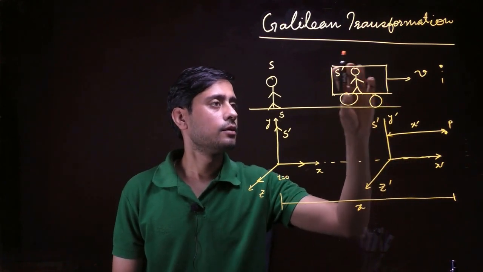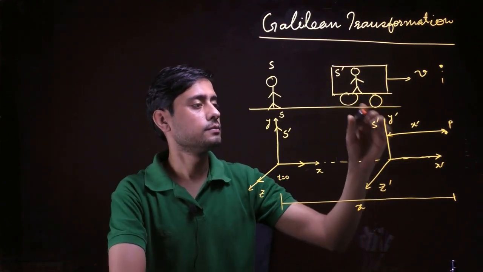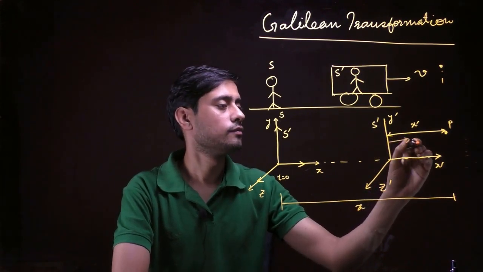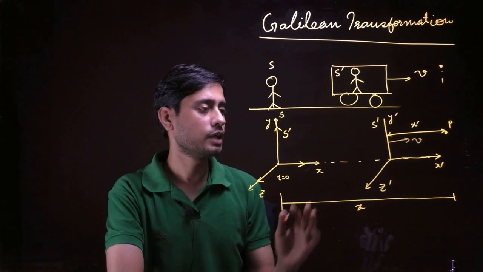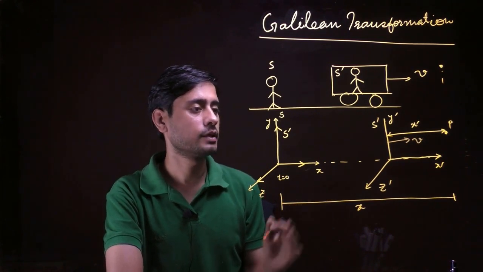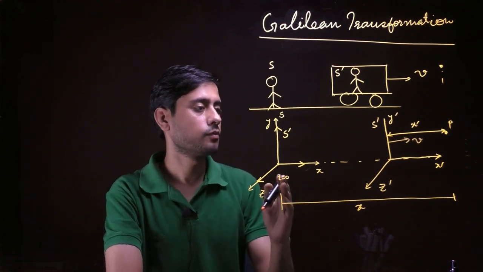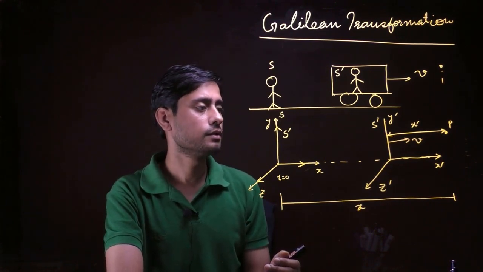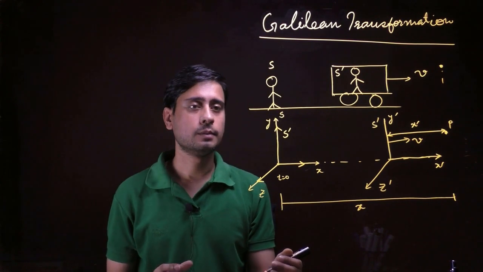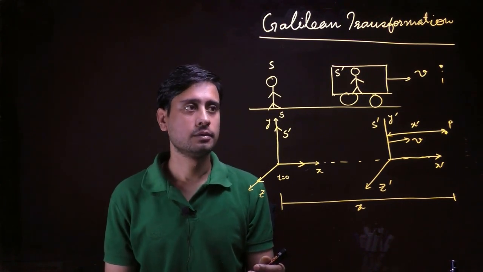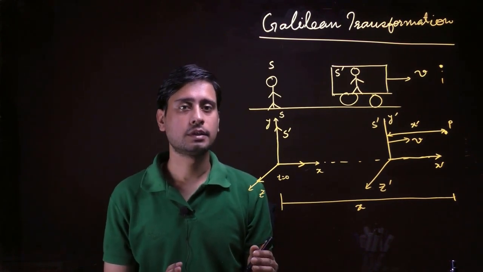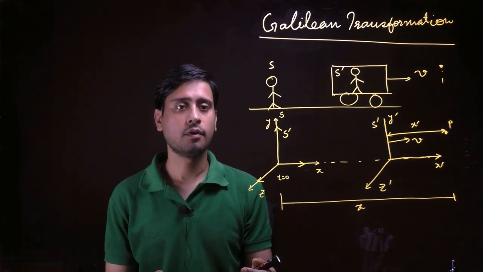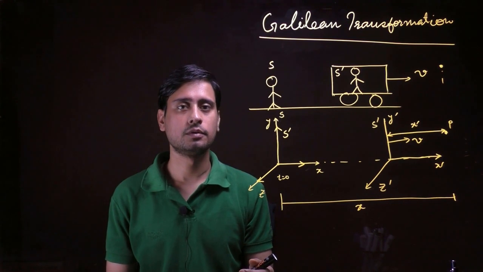So we know that the coordinate system is moving with a velocity v. So some time must have elapsed in moving from here to here. Now it's the assumption made by Galileo that time is a universal concept: the amount of time elapsed is the same for all observers in the universe.